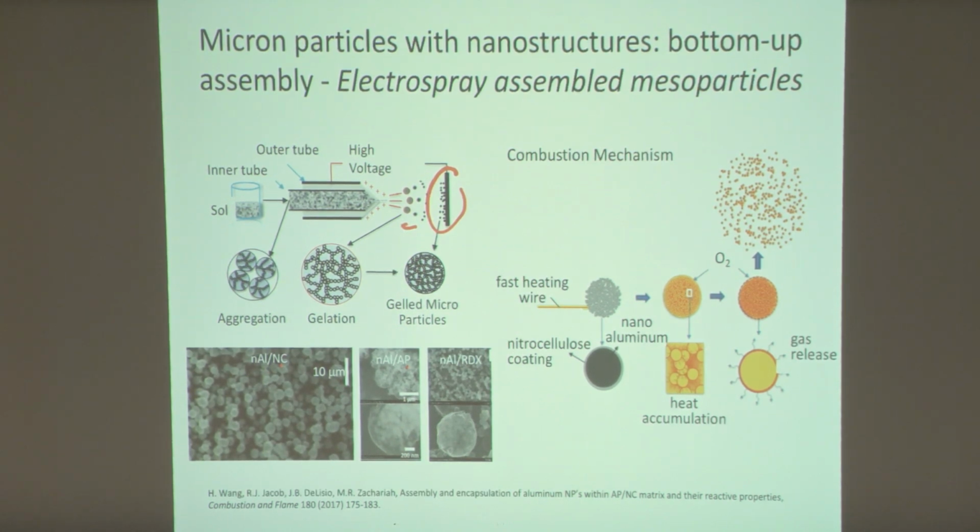He's actually seen systems that behave as shown in this schematic on the right. If he heats them fast on a wire, you'll see the particles start to heat up and all of a sudden micro explode, because I get to a temperature where the nitrocellulose starts to decompose and gasify very quickly.